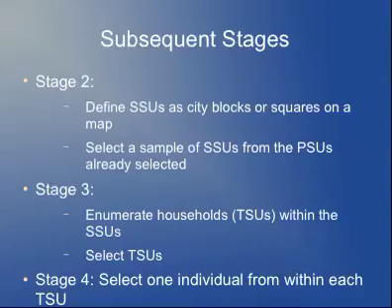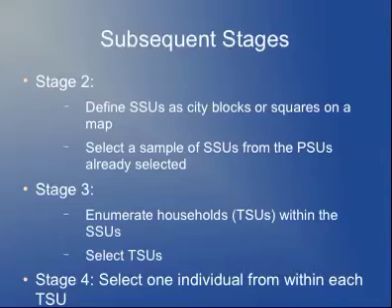And then within each county, they defined these secondary sampling units to be city blocks or areas in a map. So once they had randomly selected these counties, then they selected certain city blocks within the map to be their secondary units. Then within each city block, they came up with a list of households, and then they randomly selected some of these households, and then at the end they select one individual from each household.